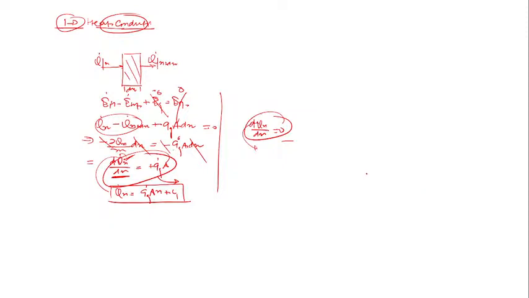If area is constant, then flux will also be constant. But the rate is always constant whenever we have no heat source and steady state. Clear?